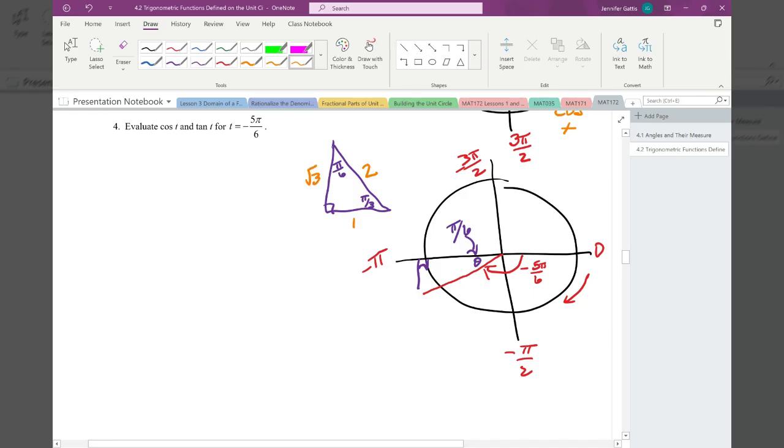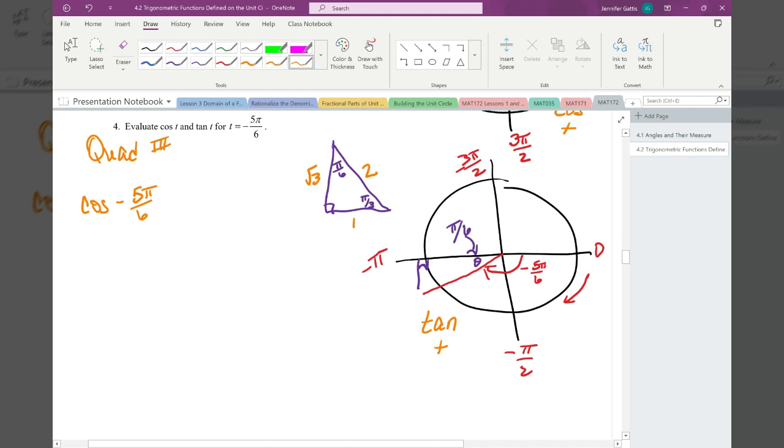And also, because we are in quadrant 3, only tangent is positive. So cosine is going to be negative. Okay? So the cosine of negative 5 pi over 6.